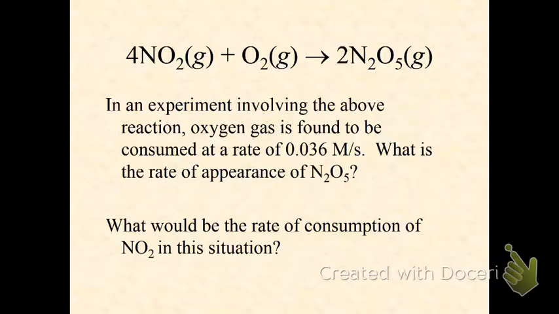What would be the rate of consumption of the NO2? It'd be consumed 4 times as fast. You don't have to do the math, it's just so that you're understanding the stoichiometric relationship.